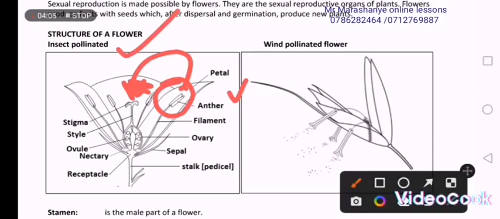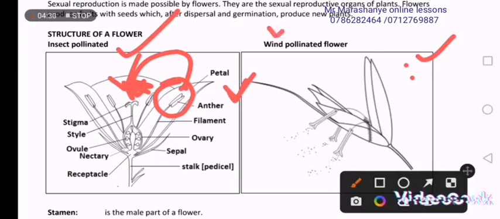Why? Because the agent of pollination, which means the thing that carries pollen grains from the anther to the stigma, is an insect. And this one is called a wind pollinated flower because the agent of pollination that carries pollen grains from the anther to the stigma is wind.